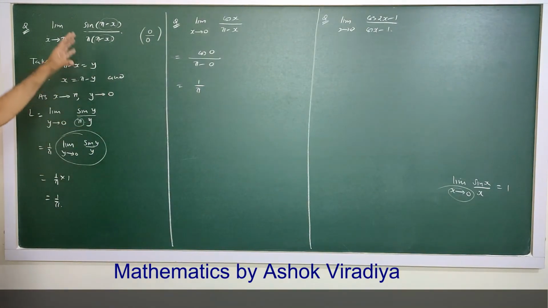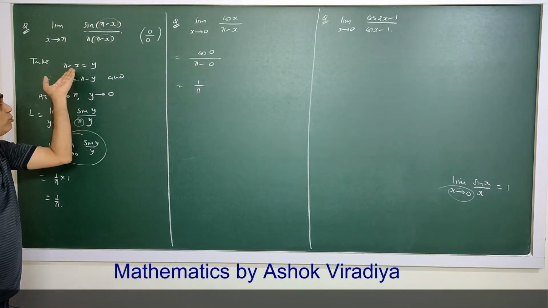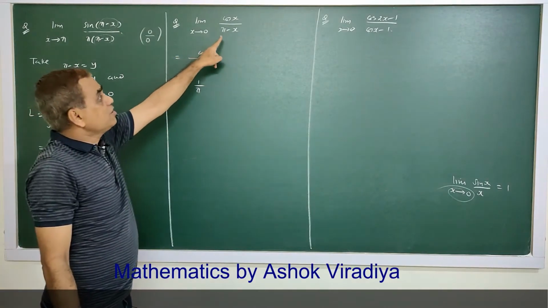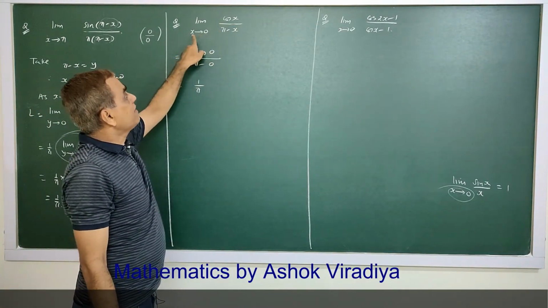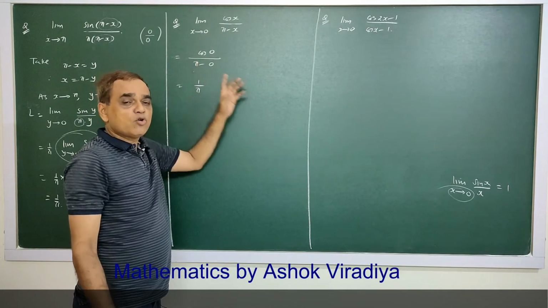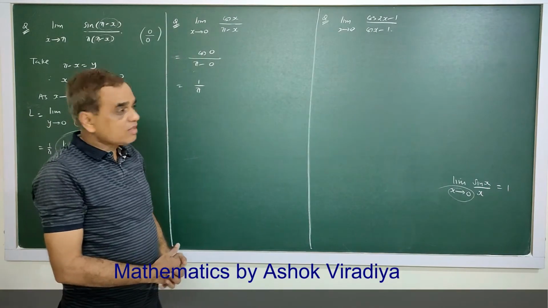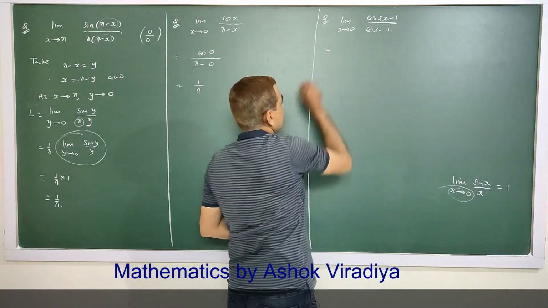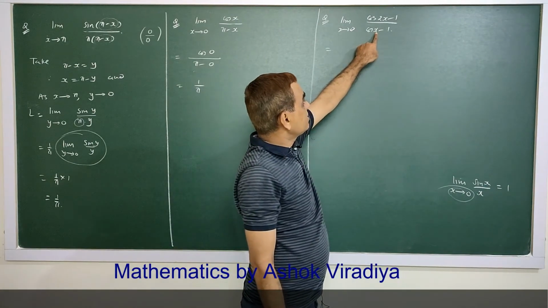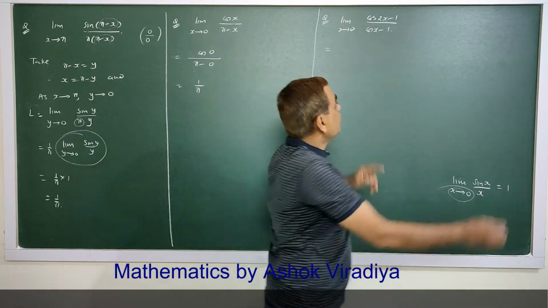So here we had 0 by 0 form. When in any trigonometric function you have 0 by 0 form, then we have to perform something like this. But if the denominator is non-zero by putting the given value of x, say here it is pi, then don't perform any procedure, put the direct value. Say here, you can see that if you put x equal to 0 here, cos 0 is 1. 1 minus 1 is 0.